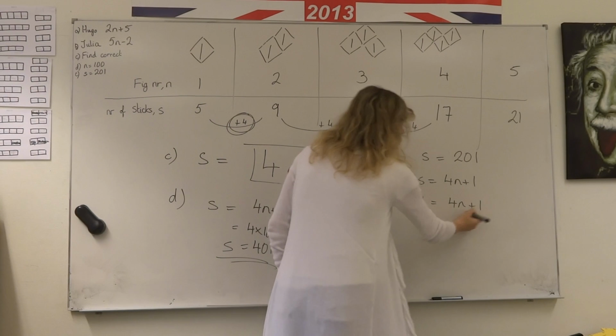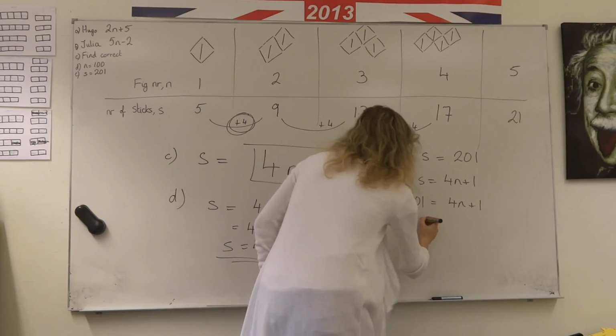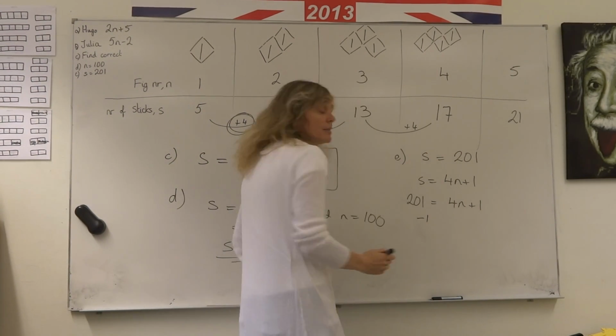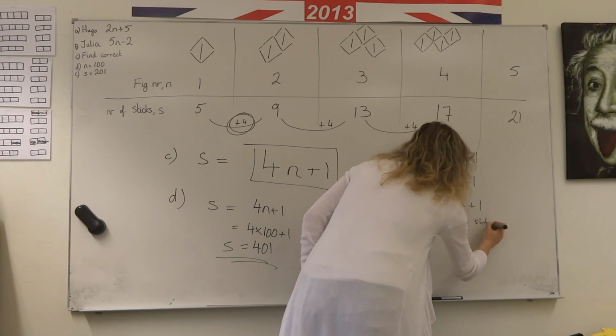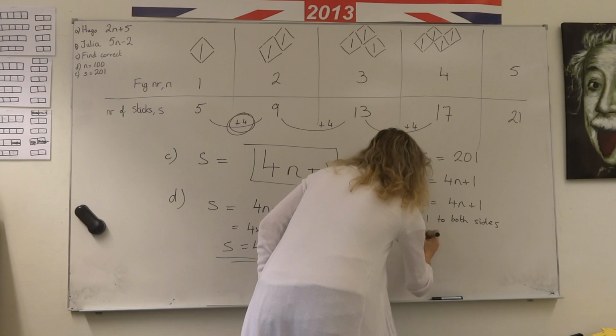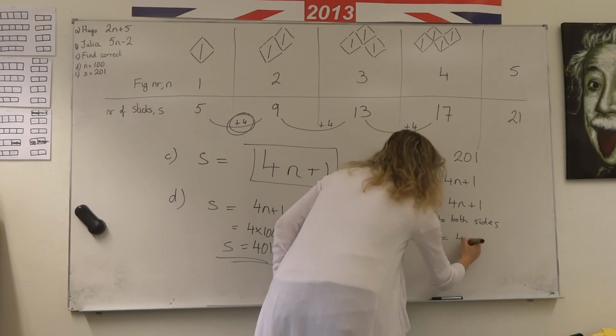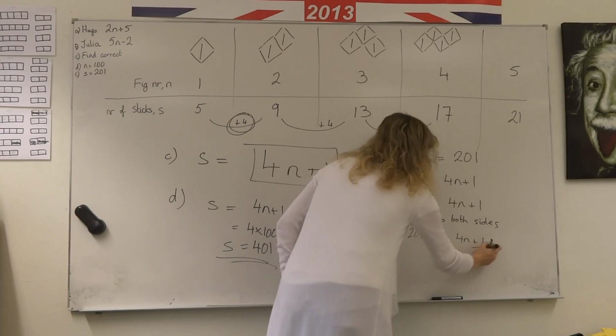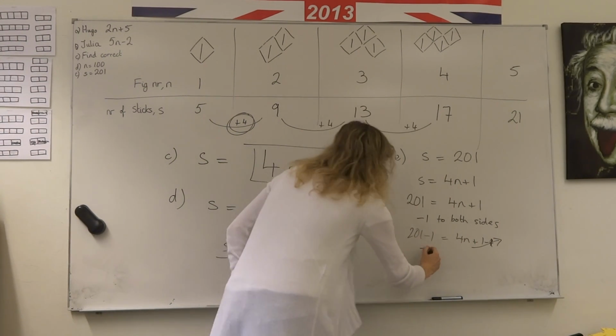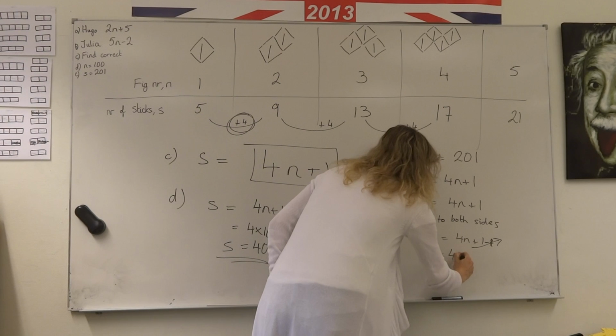In this case, we want to get rid of that plus 1. How do we do that? Minus 1 from both sides. So we'd get 201 minus 1 equals 4n plus 1 minus 1. 1 minus 1 is 0, so we get 200 equals 4 lots of n.